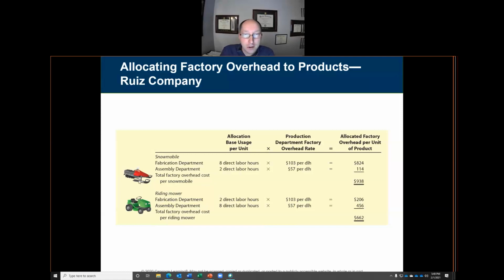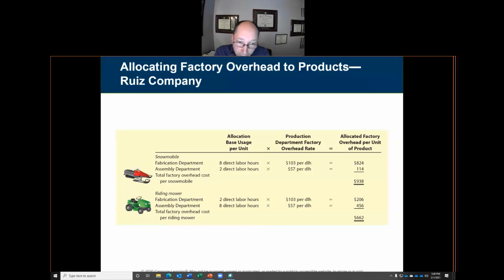So here's how it looks. The snowmobile spends 8 hours in the fabrication department. We figured out that the production department factory overhead rate for the fabrication department is $103 per direct labor hour. So if a snowmobile spends 8 hours, we multiply that by the $103 per direct labor hour to get to an overhead allocation of $824 from the fabrication department.